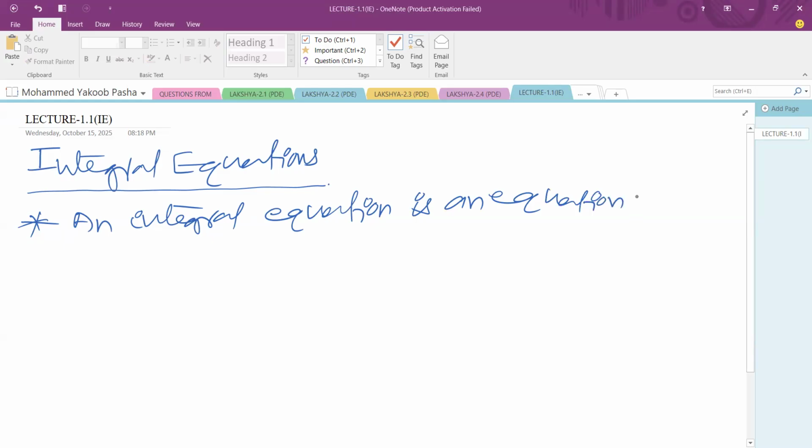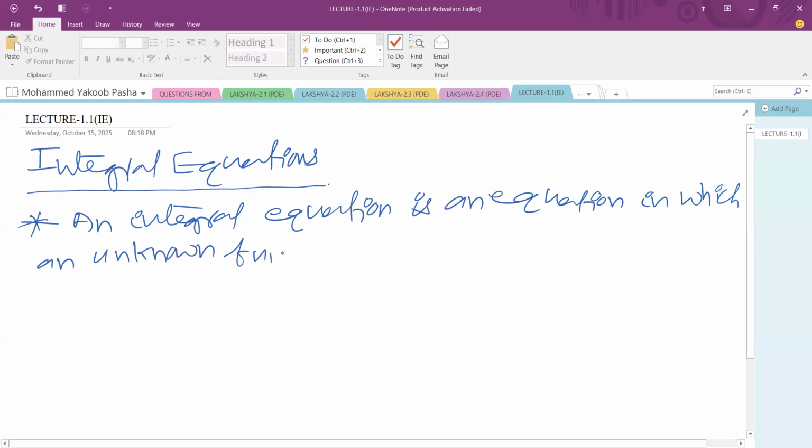An integral equation is an equation in which an unknown function appears under the integral sign. Very important, this concept.